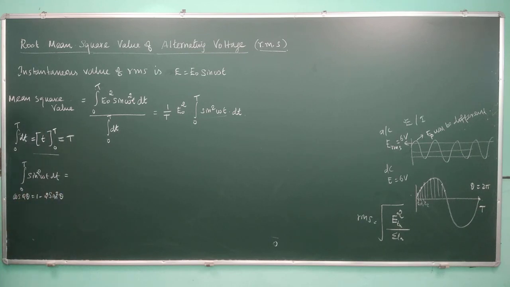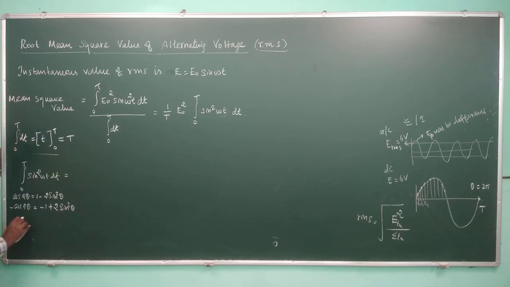So if you rewrite this equation for sine square theta, you multiply all the terms on either side by minus. So minus cos 2 theta is equal to minus 1 plus 2 sine square theta.